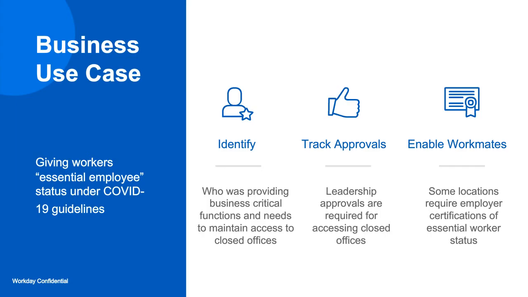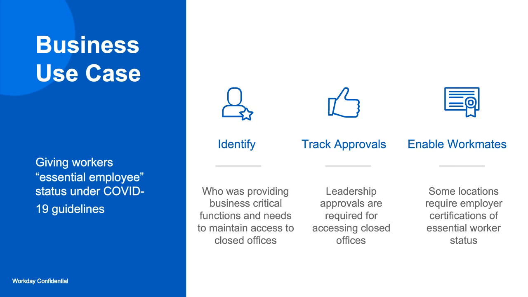So our business use case had three main components, or three things we were trying to solve for. We needed the ability, once the COVID pandemic was in full swing and we started to close some of our offices globally, we needed some workers to still maintain access to those closed offices. And so we needed the ability to identify who those workers are.